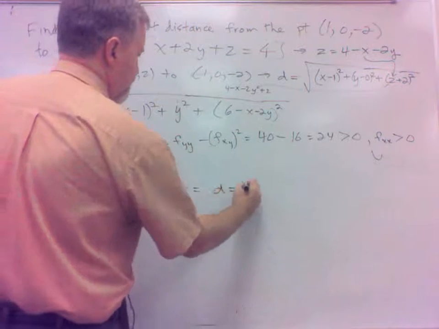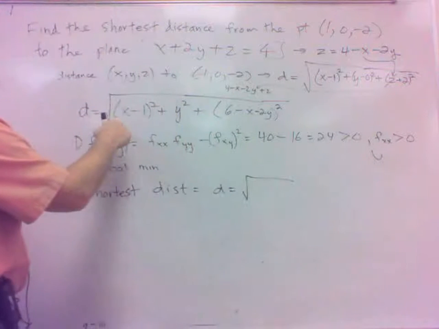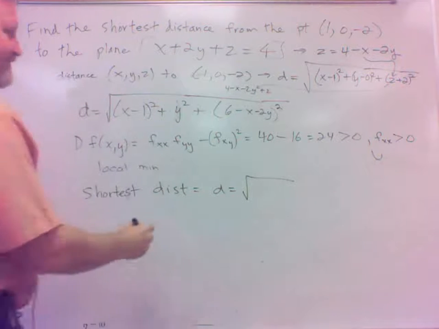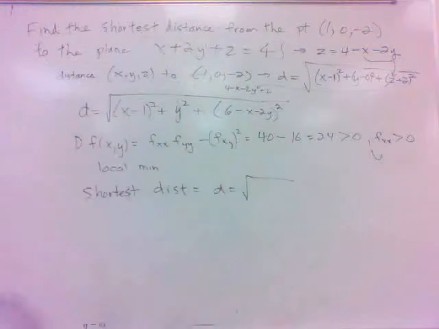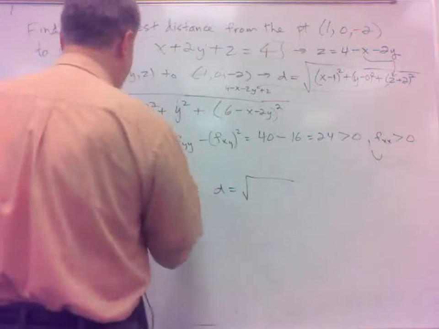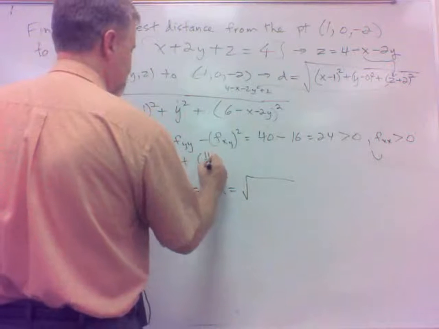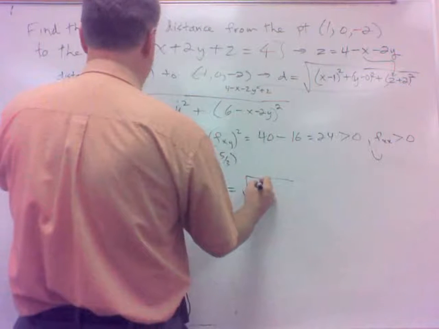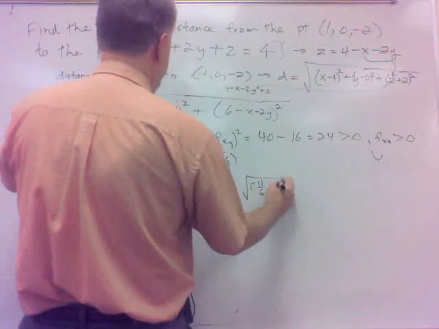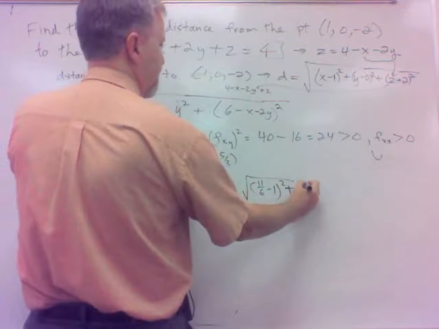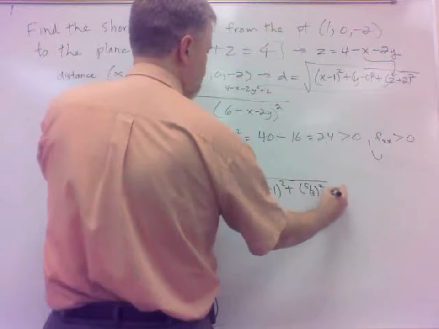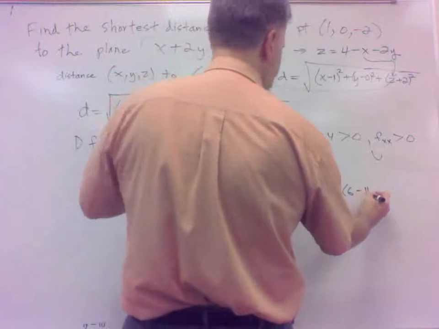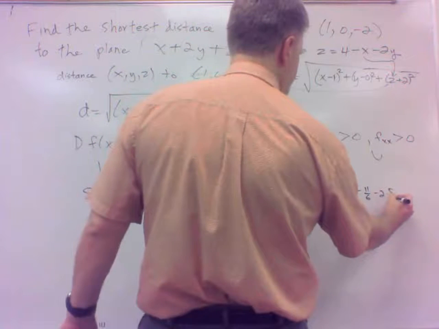D equals, plug in the 11/6, 5/3. This is where I wish I had a bigger workspace, okay. So we plug that in, we have 11/6 minus 1 squared plus 5/3 squared plus 6 minus 11/6 minus 2 times 5/3 squared.